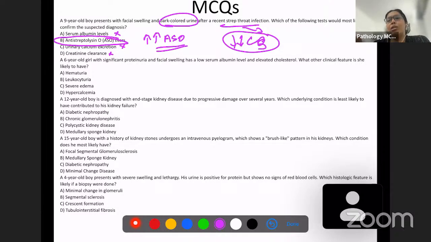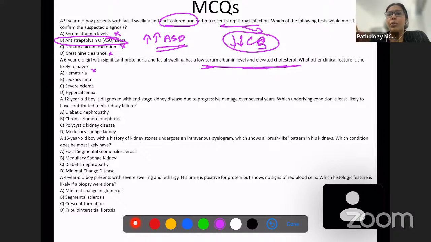Next, a 6-year-old girl with significant proteinuria and facial swelling has low serum albumin level and elevated cholesterol level. What other feature is she likely to have? Now, what is the diagnosis here? Significant proteinuria, facial swelling, low serum albumin, and elevated cholesterol level. What other clinical features should she have? Hematuria should she have?